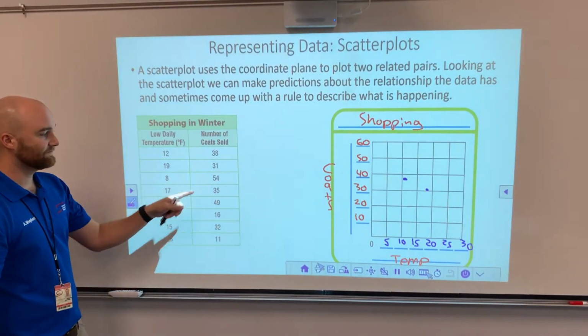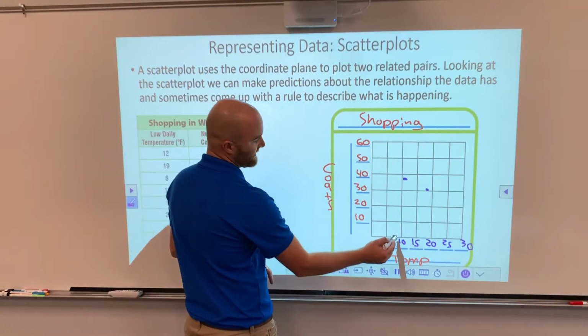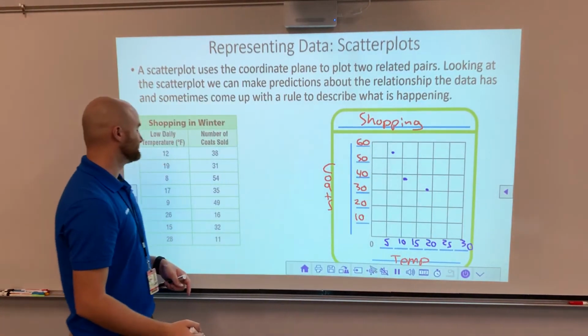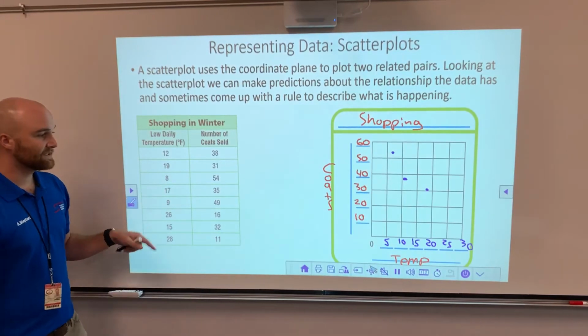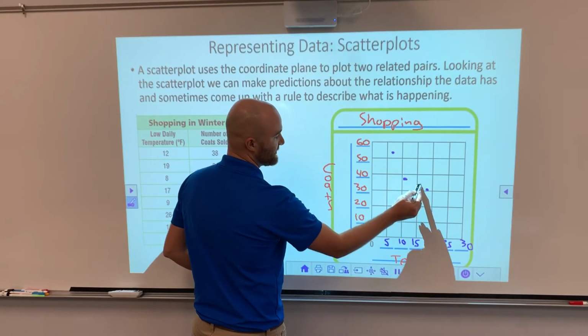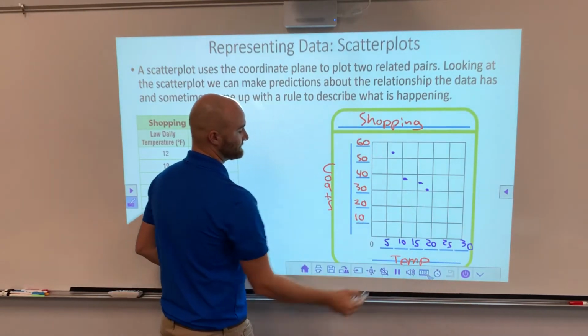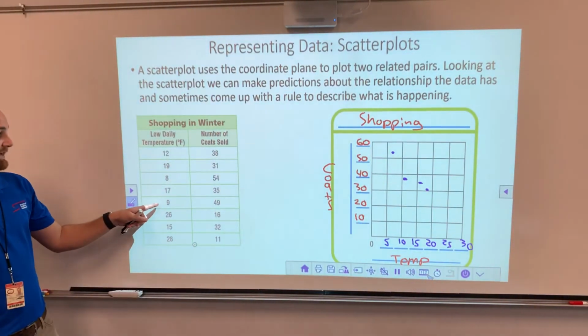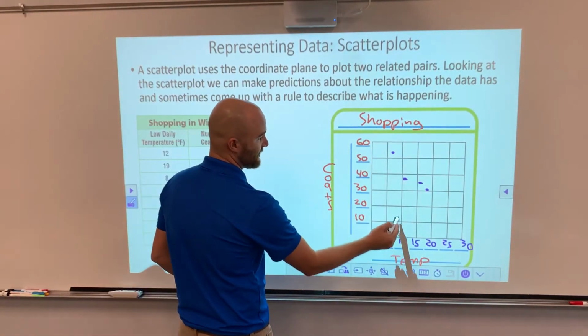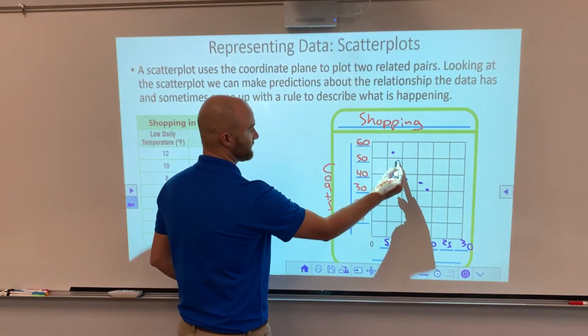I've got 8, 54. Come over 8, go up 54. I've got 17, 35. Come over 17, go up 35. I've got 9, 49. Come over 9, go up 49.